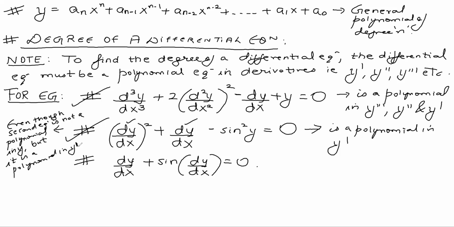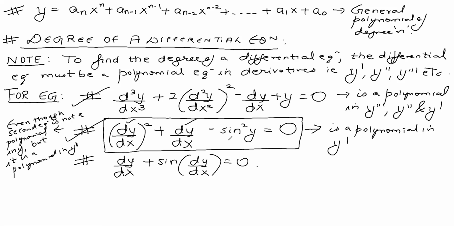Look at the second equation, guys. It is not a polynomial in y, because we have sine square y, but it is a polynomial in y dash. So we can find the degree of the differential equation.